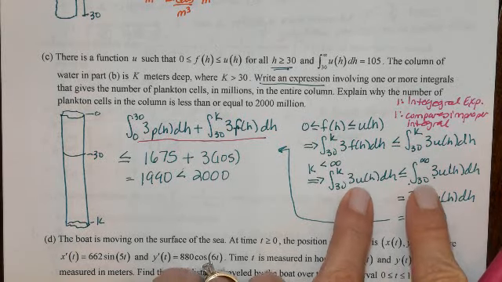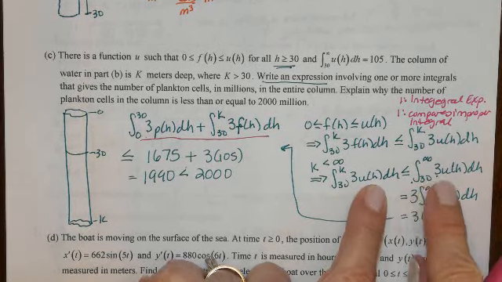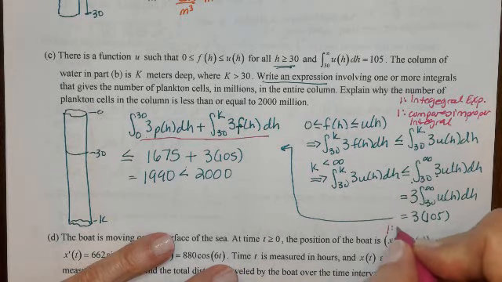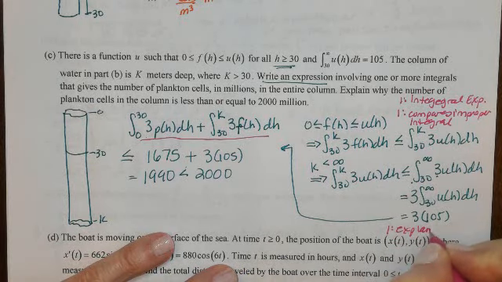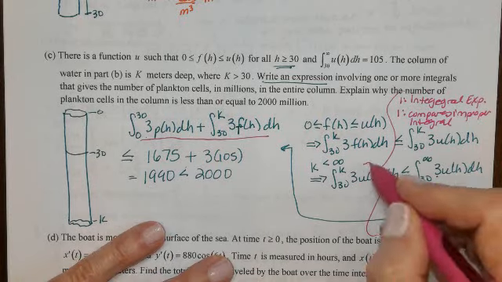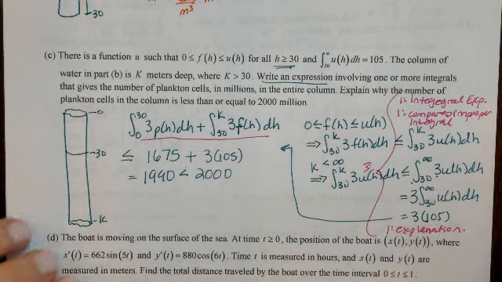I guess that's right there, my comparison with the improper integral. And then 1 point for explanation. So 3 points total for that. Okay?